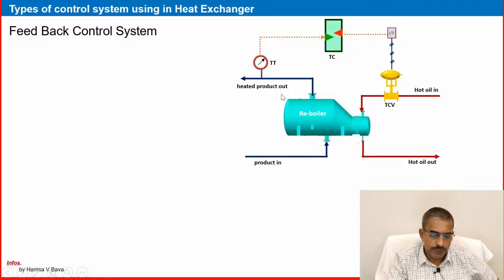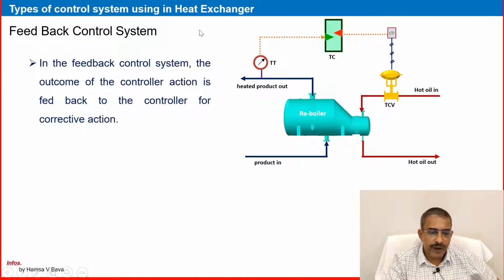Our aim is to think about the control logic here: to maintain the product outlet temperature using the hot oil in and out. So we maintain the hot oil flow and control the temperature in the product line. Look, the valve is on the hot oil side, and the temperature sensor and transmitter are on the cold fluid, the product heating side.